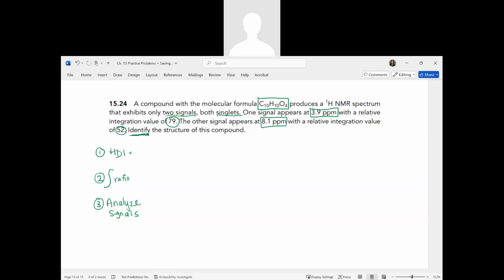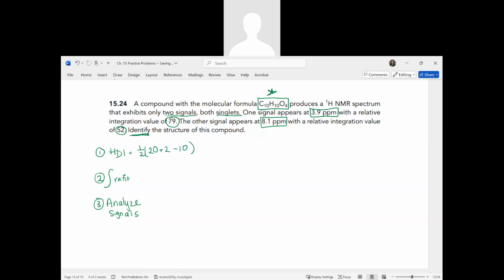First, we can begin by calculating the hydrogen deficiency index, the HDI. If you remember, this was in section 14.16. Because we're given the molecular formula, we can do that. The formula is 1/2 times (2 times 10, so 20, plus 2 minus our hydrogens). We ignore the oxygens, and we don't have any halogens or nitrogen to consider.